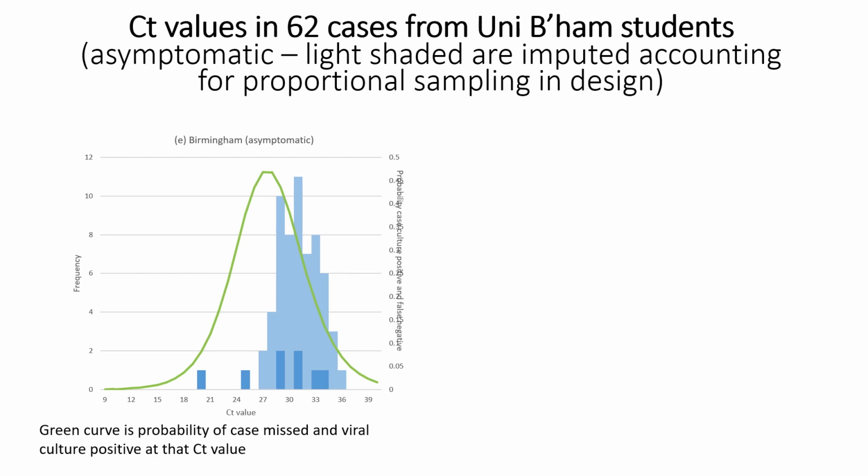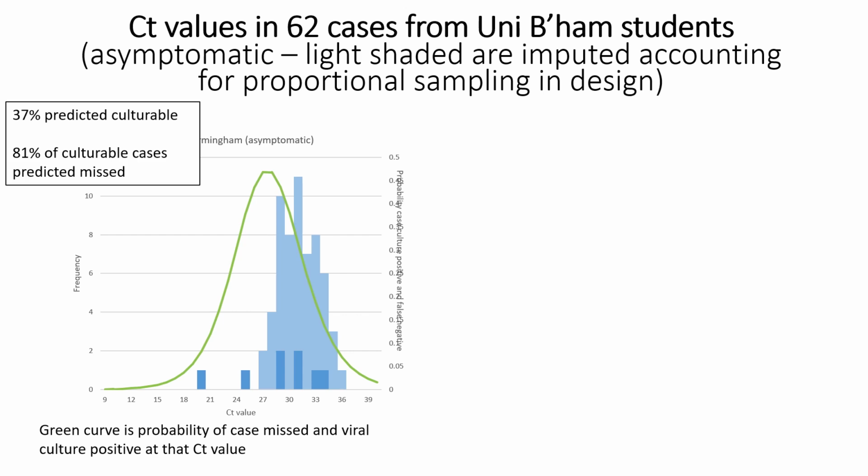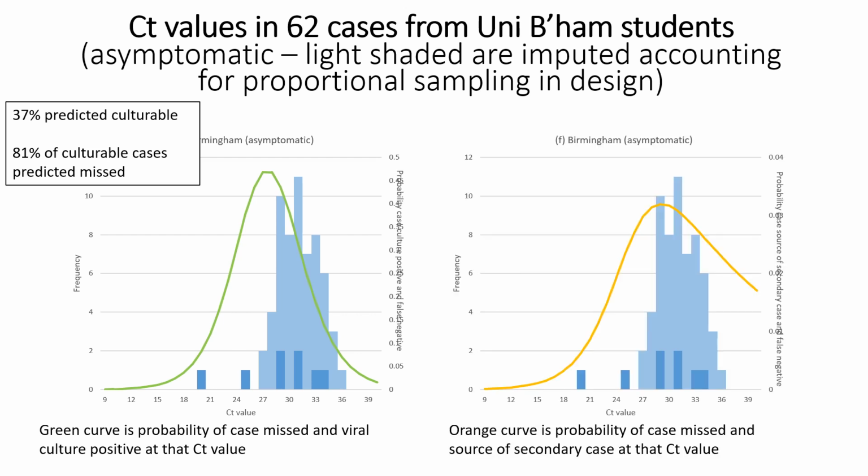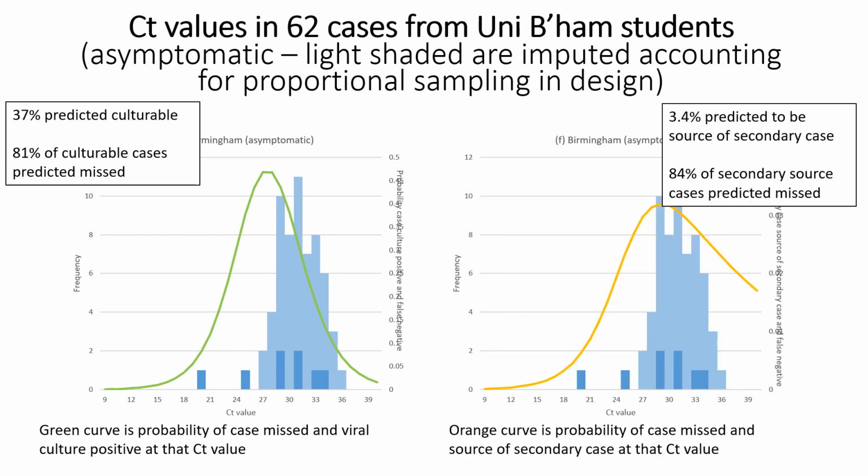So the viral loads here are much lower than in either of the other 2 settings, and in this case 81% of those who were going to be culturable. There are many fewer culturable, but still 37%. But we are down to having a sensitivity of 19%, and similarly for the chances of actually having secondary cases, the sensitivity is 16%. So we've seen big variation.